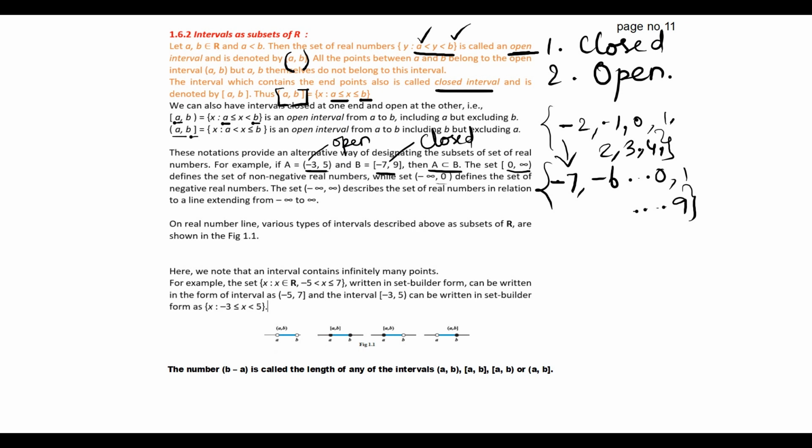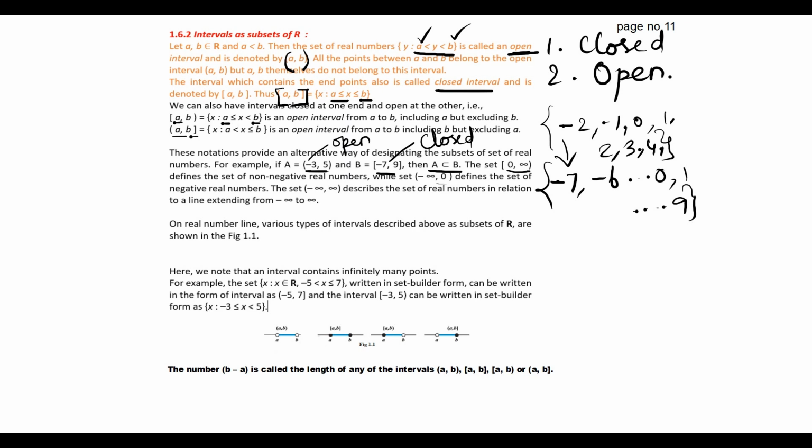So it is minus 7, minus 6, minus 5, minus 4, minus 3, minus 2, minus 1, 0 and 1, 2, 3 till 9. Then, is A a subset of B? Yes, all the elements of A are present in B.